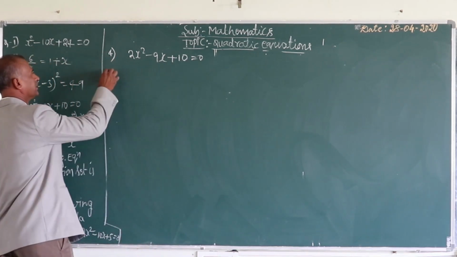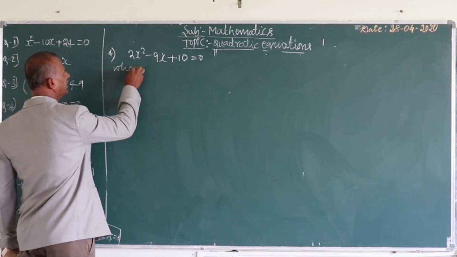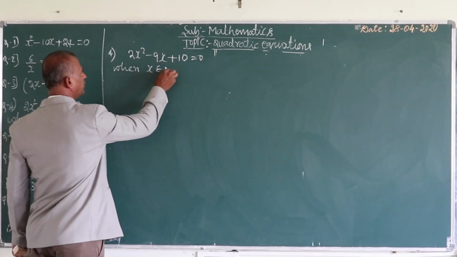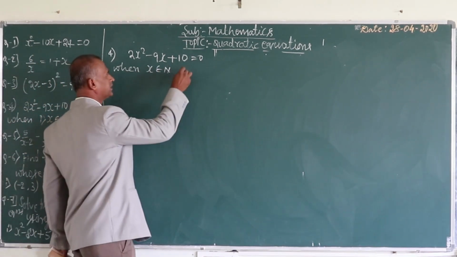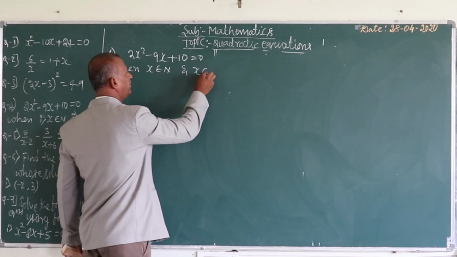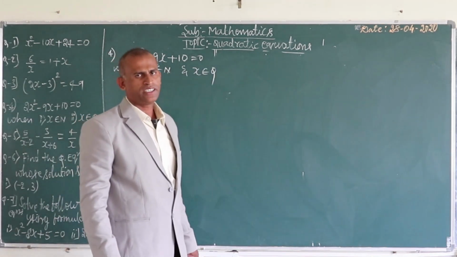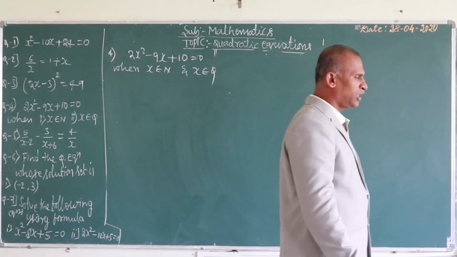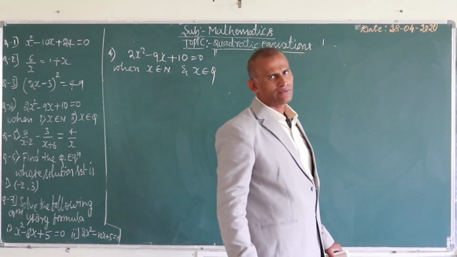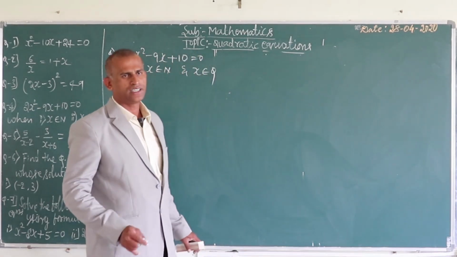The condition is when x belongs to natural numbers and when x belongs to rational numbers. These are two possibilities, two possible solutions we have to give for the given quadratic equation.